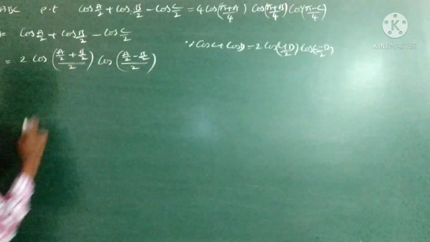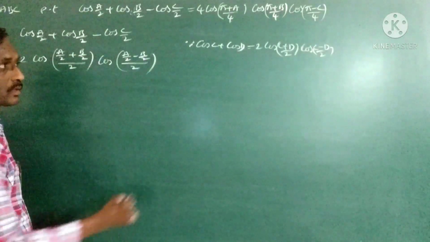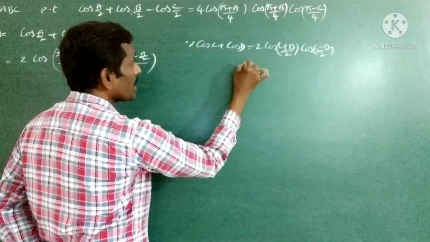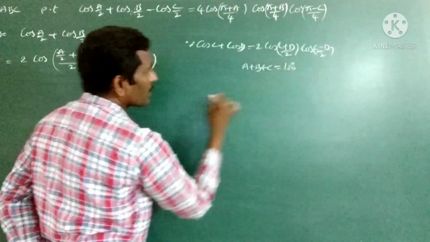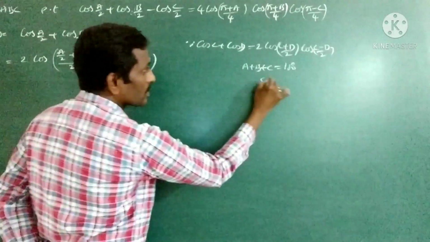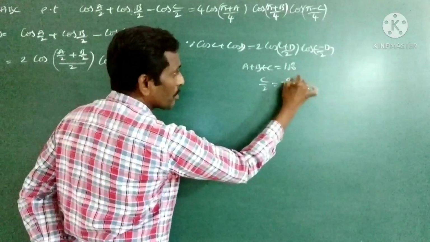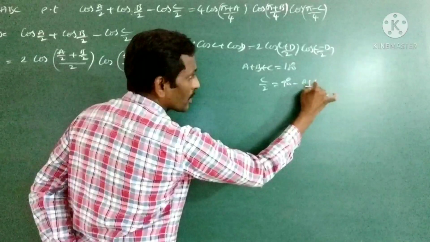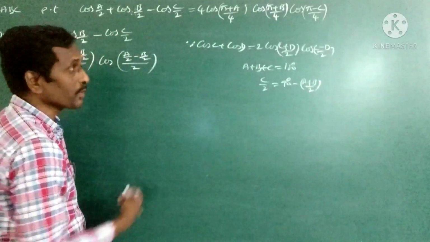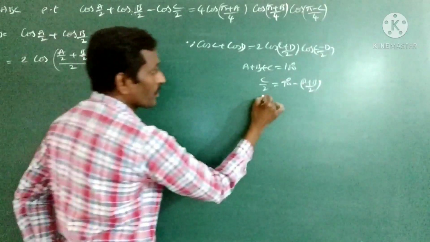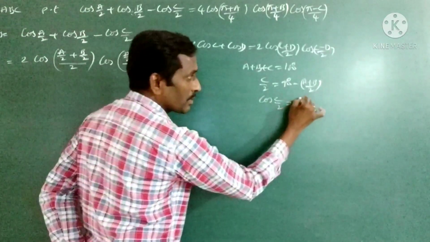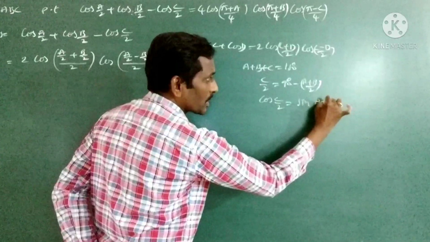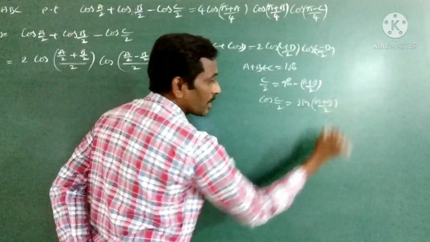So the third function we have to write in terms of the remaining ones. Once again, the sum of the angles is 180. So here we need the C by 2 value. C by 2 becomes 90 minus (A plus B) by 2. Cos function we need. Cos C by 2 becomes cos 90 minus, which becomes sin of (A plus B) by 2.